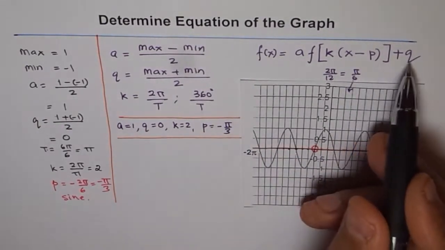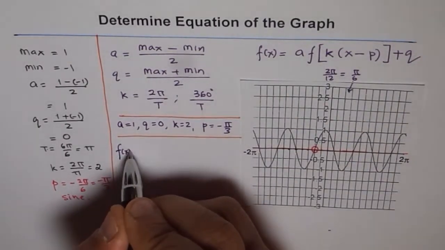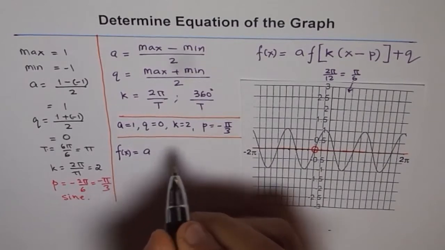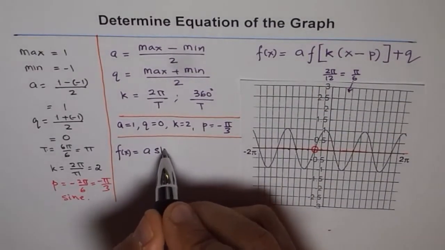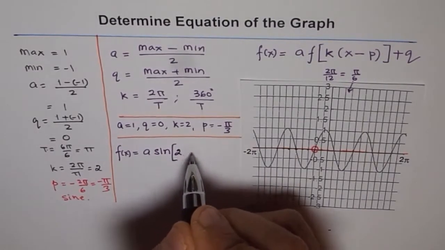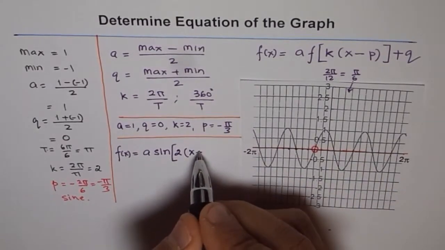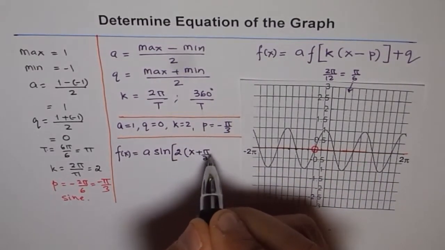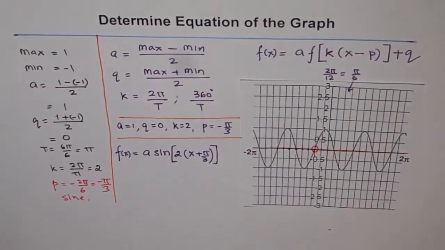So we'll plug these values in and write down our function. Our function f of x can be written as a times, and the function we selected is sine, of k, which is 2, times x minus of minus pi by 3, that means plus pi by 3, plus 0. Do you see that? So that is how we get our function.